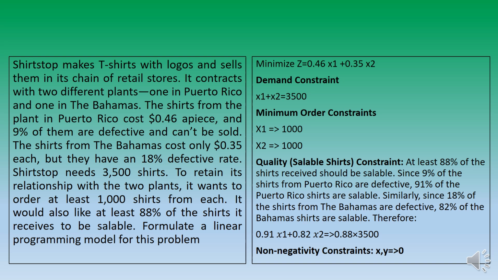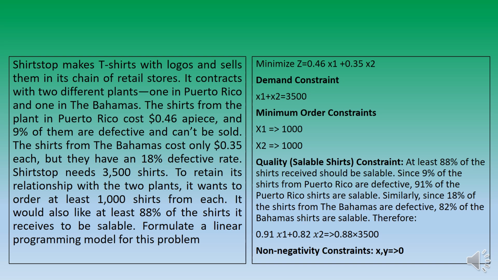In inventory management, the economic production quantity is the production quantity at which there is the least setup cost and the least holding cost. So they are saying you have to order at least that much. This is the minimum order constraint we have.